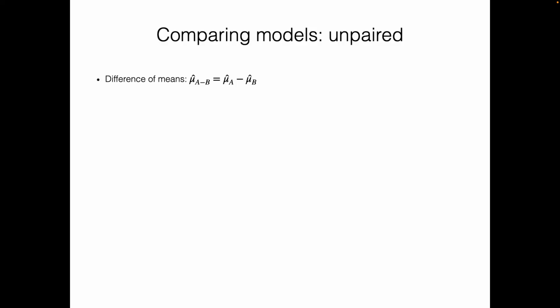Let's say we're interested in whether these models are actually the same or whether they're different. Then you could have this mean, which is the difference of their means. And so the question might be, is the difference of their means zero or is it not zero?